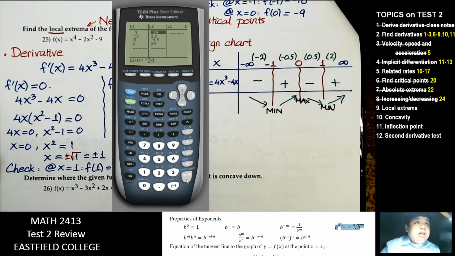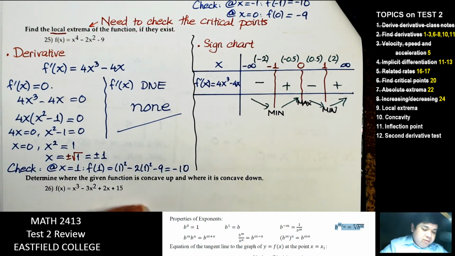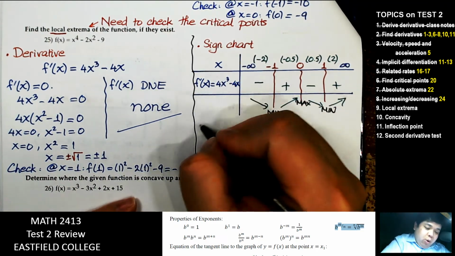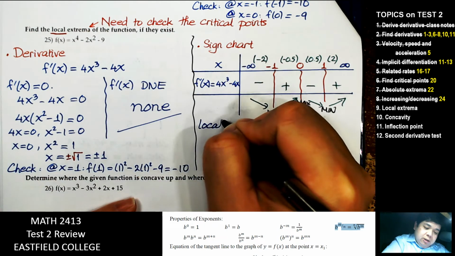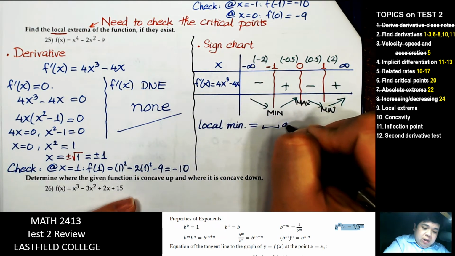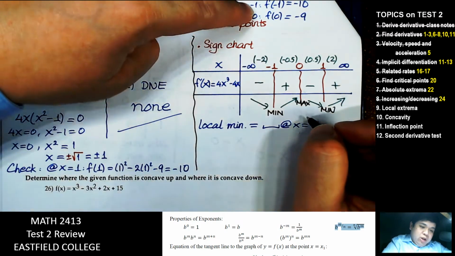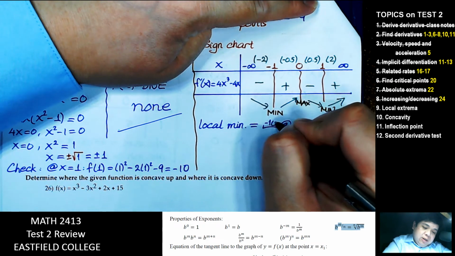So now we list everything. Don't need the calculator for now. So we have the local min at x equal to negative 1. When x equal to negative 1, we have negative 10.